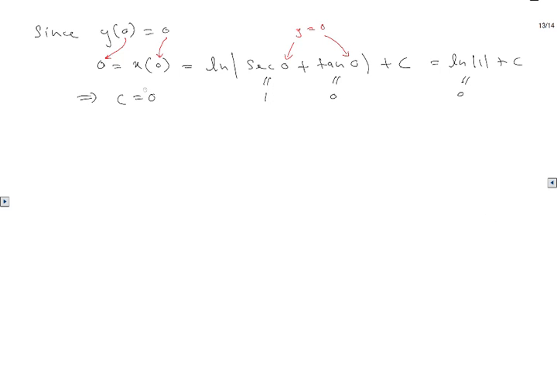So c equals 0. Therefore your solution is simply x equals ln of secant y plus tan y. And you can see that you have to solve for y, but y is inside this one, so you can, but it's not that easy.